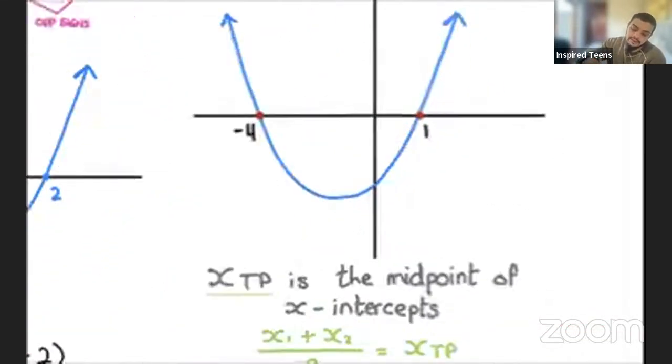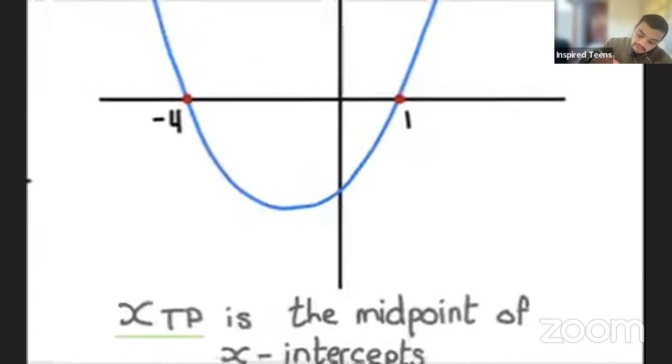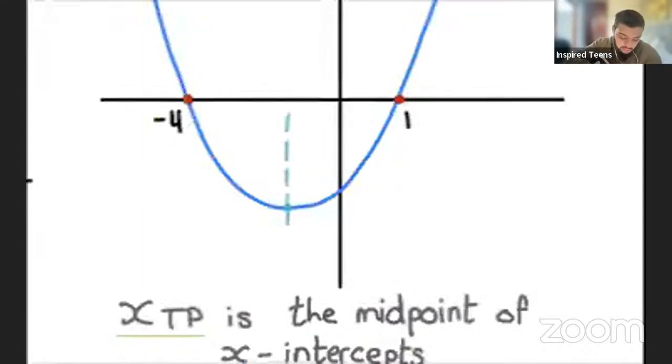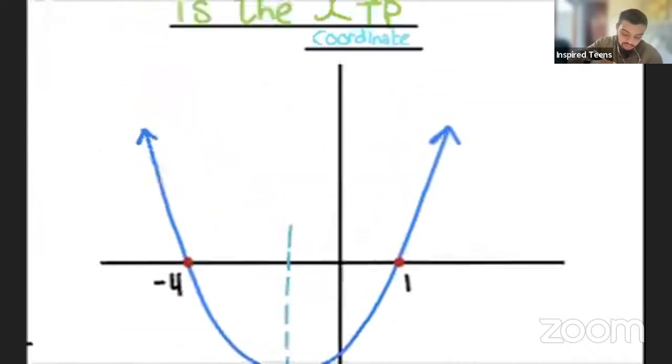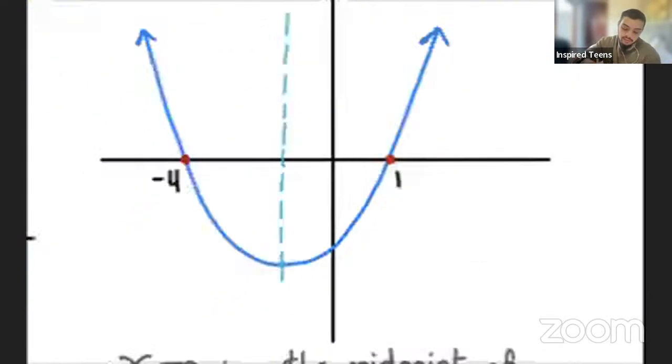Basically the turning point is somewhere along here where the graph turns, and its x-intercept is something like this. Obviously, this is not a perfect diagram, so it might not look like a perfect axis of symmetry, but something like that is what the axis of symmetry is. It's a bit skew. Try and make it a bit more straight.